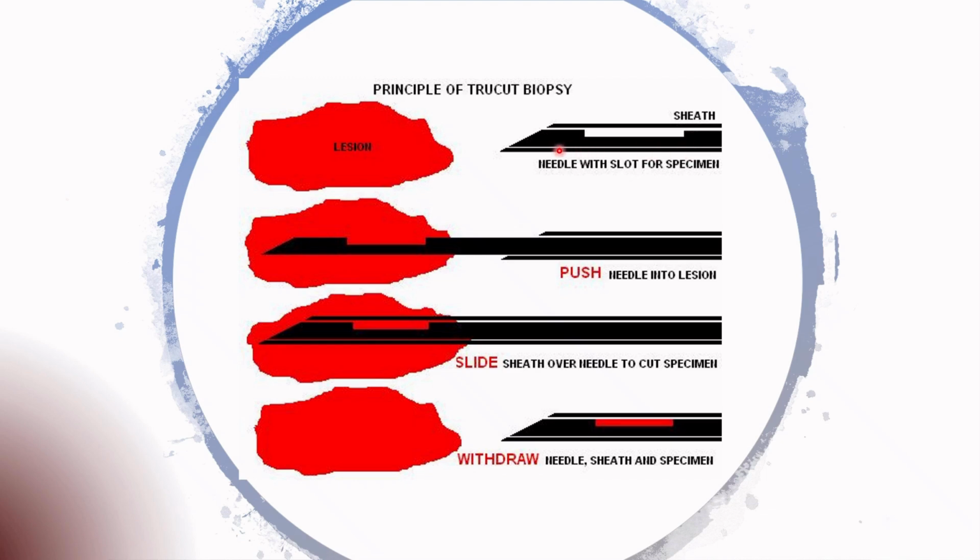When inserting the needle within the lesion that we need to take the tissue sample from, we first push the internal part of the biopsy needle with the groove, like in this case, and then the outer sheath slides over the needle itself. So part of the lesion will be taken within this groove, and then we withdraw the needle outside with the tissue sample or the specimen.